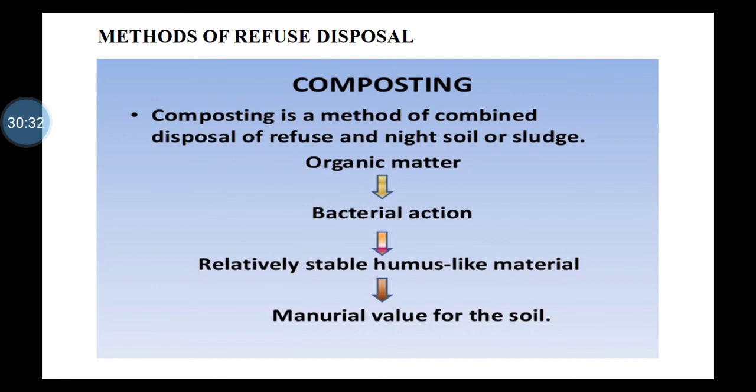When the trench is completely filled, it is covered with earth. After this, it is left for 6 months for composting. In these 6 months, the bacterial action will take place.